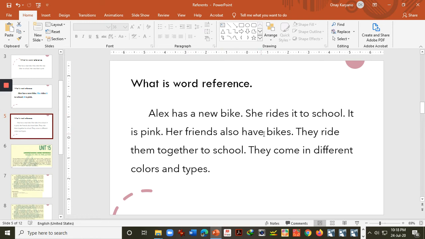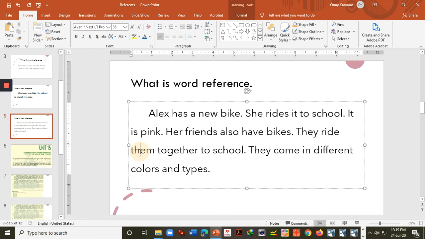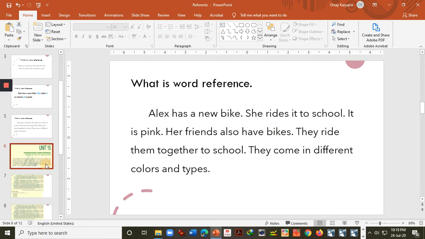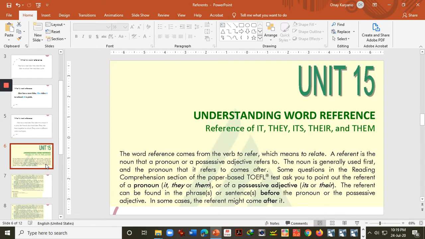But in the next sentence, we find the word bikes. So they are plural, and we cannot use the word it anymore. We use the word them, and also the word they, to replace the word bikes. So this is what you are going to find in the TOEFL test.